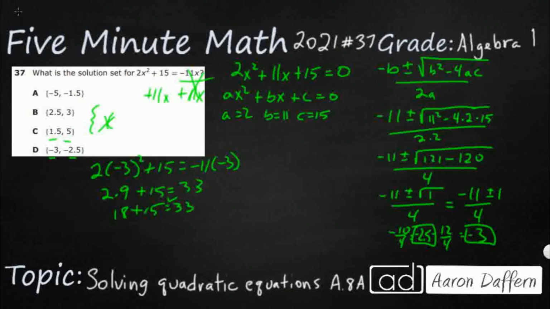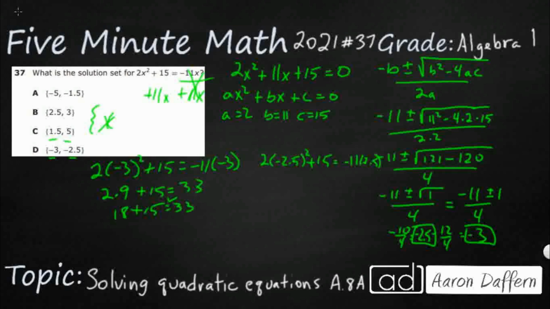Let's do the same thing with negative 2.5. All right, so 2 times negative 2.5 squared plus 15 equals negative 11 times negative 2.5. That's going to take a little bit of calculation here. So let's see, 2.5 squared is going to be 6.25.